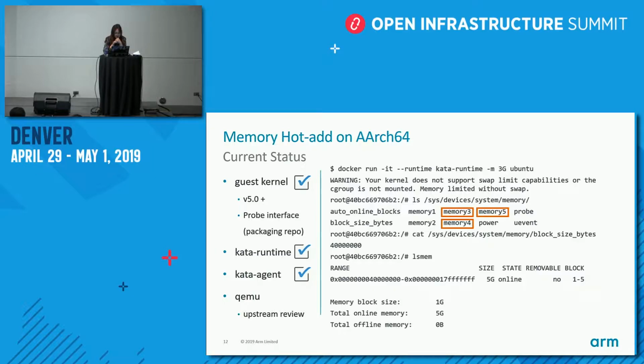About the Kata part, my work on the whole implementation from the last 2 slides has already been merged, so you can see my code in the latest Kata version 1.6. The remaining part is the QEMU part.